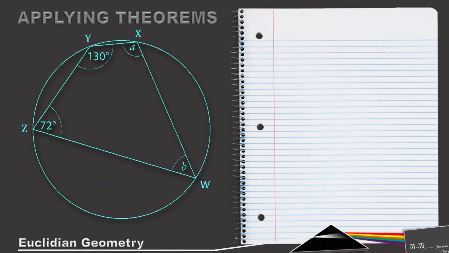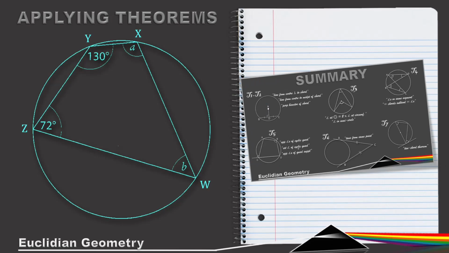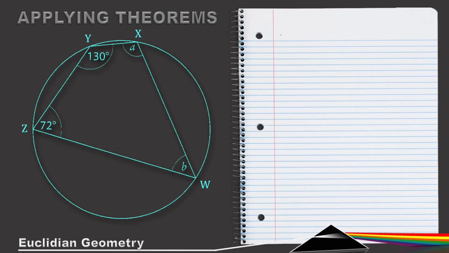Now for this one, we can see that it looks like theorem 5, and we know that the opposite angles of a cyclic quad add up to 180. So to find A, I can say that A plus 72 adds up to 180. So that's my relationship, and then basically solve for A, and then do the same for B. So A plus 72 degrees is equal to 180 degrees.